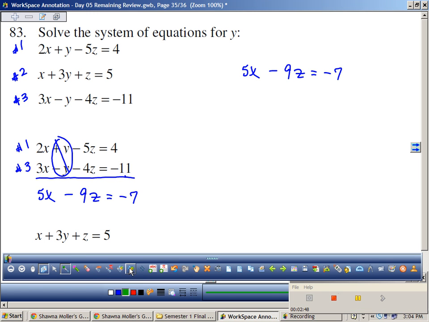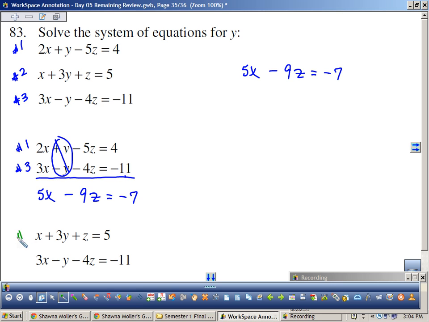I'm going to change my color this time. This is 2 and 3.